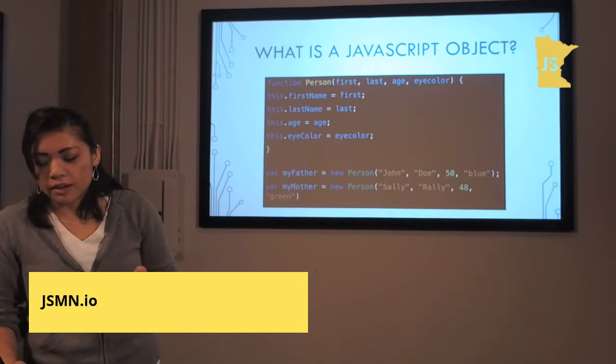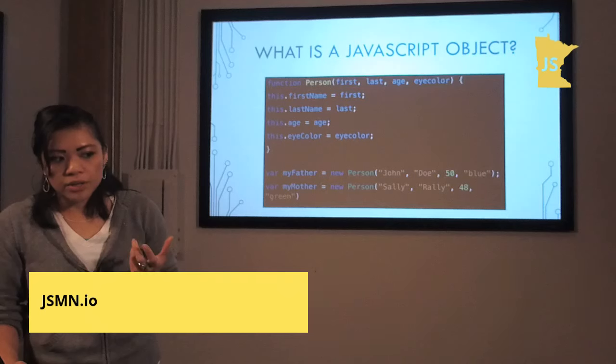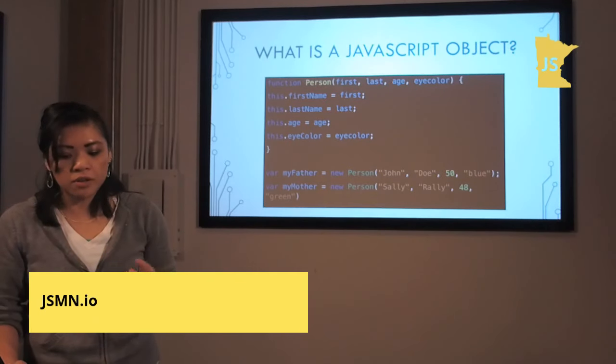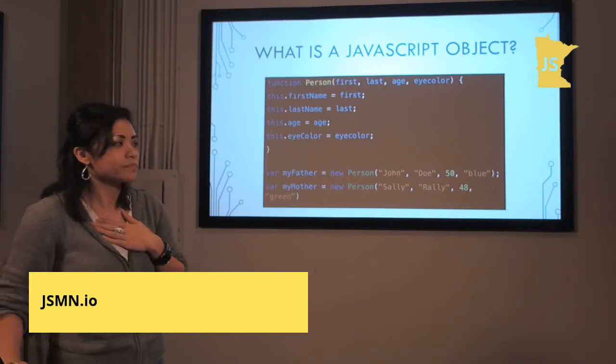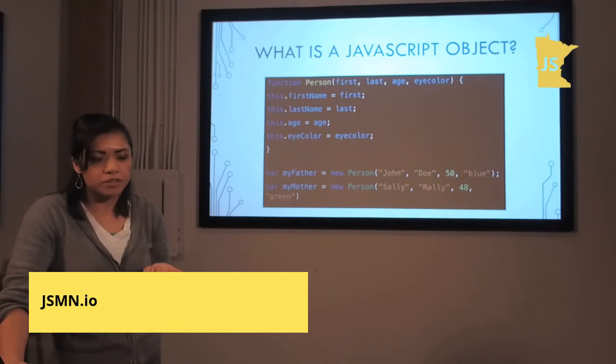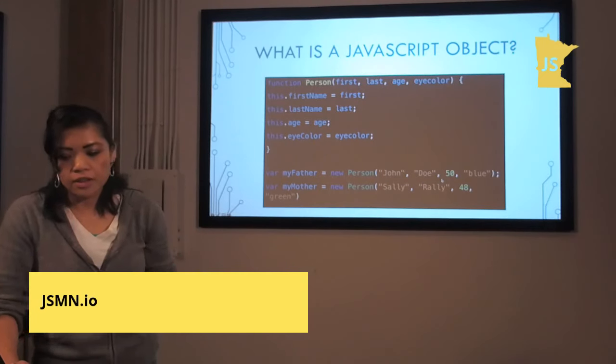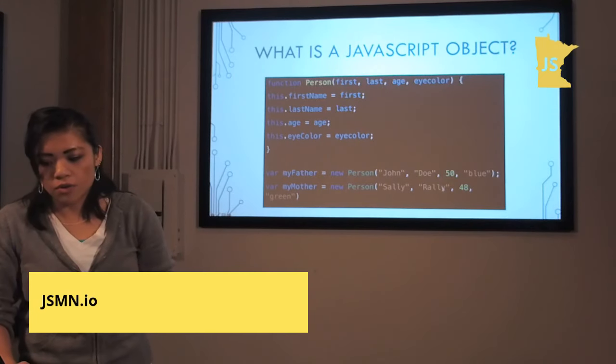And then we can add a new person by adding values to those properties. So, for example, we have John as the first name string, Doe as the last name, et cetera, and that's how we could do it.